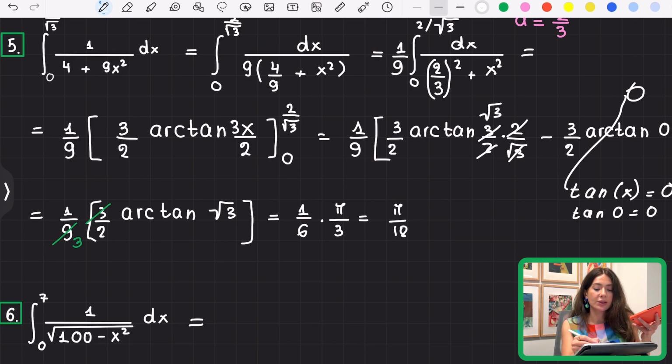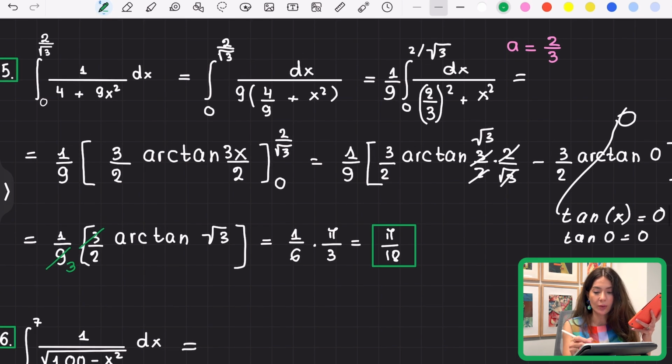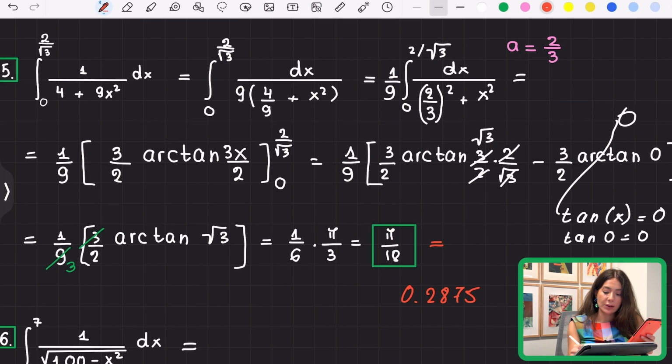Okay, let's check. This is the final answer. Let's check if this is close to our predicted answer, which was, I think, 0.2875, right? 1.15 over 4. Okay, so this is approximately 0.174.